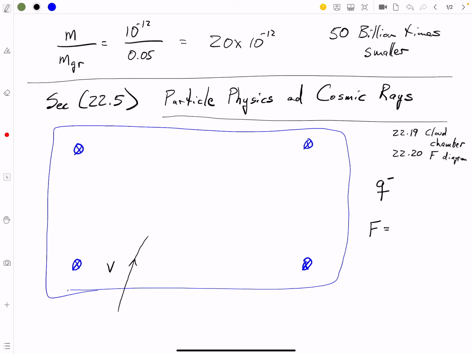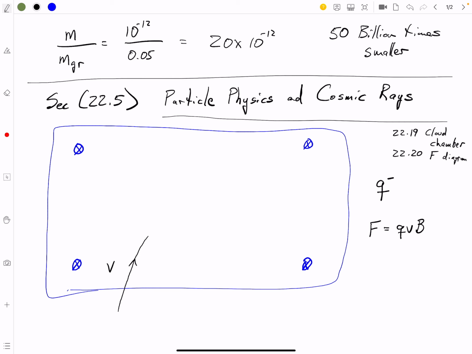However, F equals QVB sine theta. Theta is 90 degrees, so sine of theta is 1, because the B field's pointing straight down and our V is in this plane. So QVB.